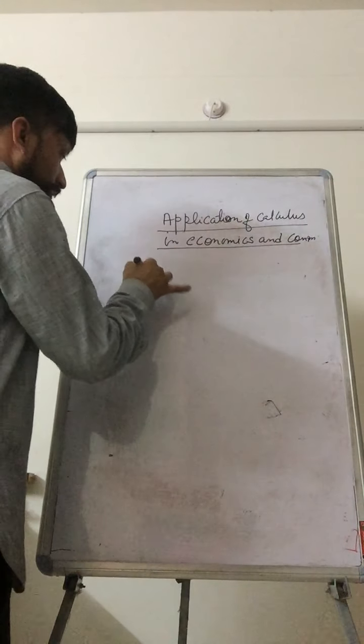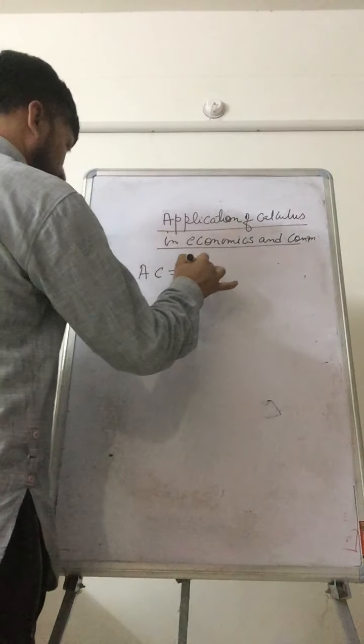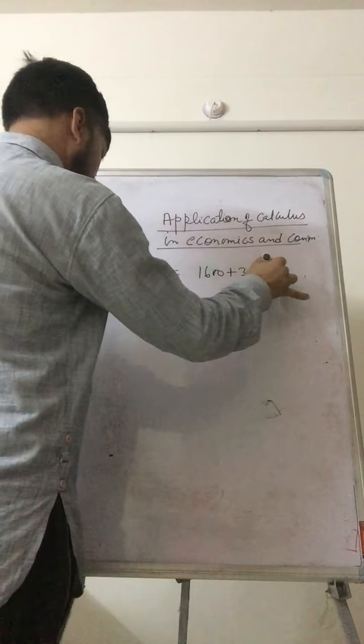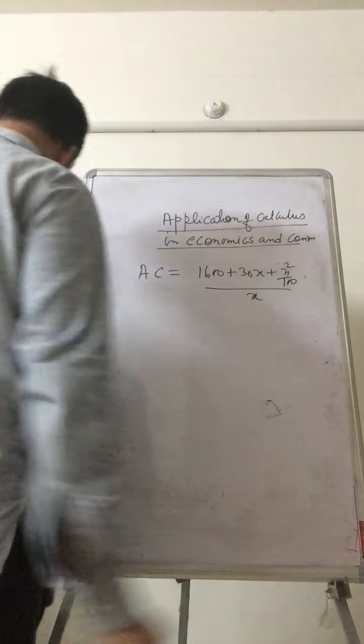Once again I have to write average cost, which is your 1600 plus 30x plus x square by 100, all divided by x. It was like this, no?